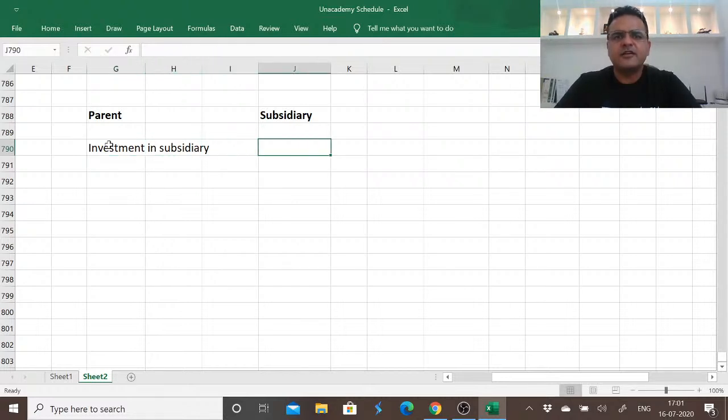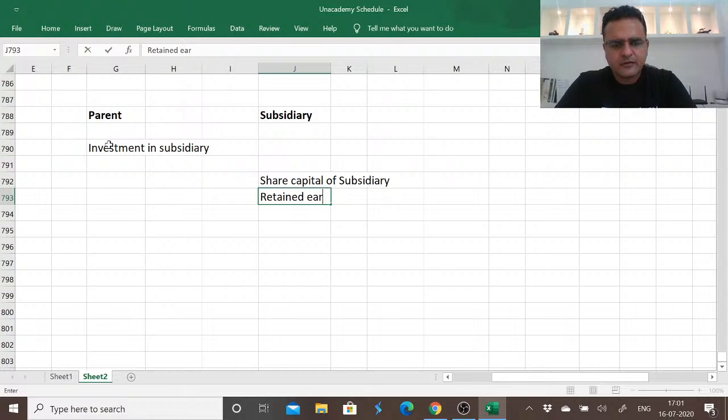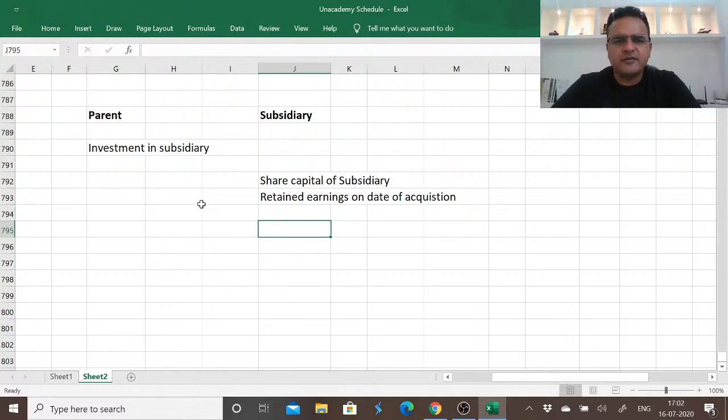This investment in subsidiary, on the other side, gets eliminated with the share capital of subsidiary, retained earnings on date of acquisition, even share premium or other components of equity like revaluation surplus. These are acquired by parent in the subsidiary.